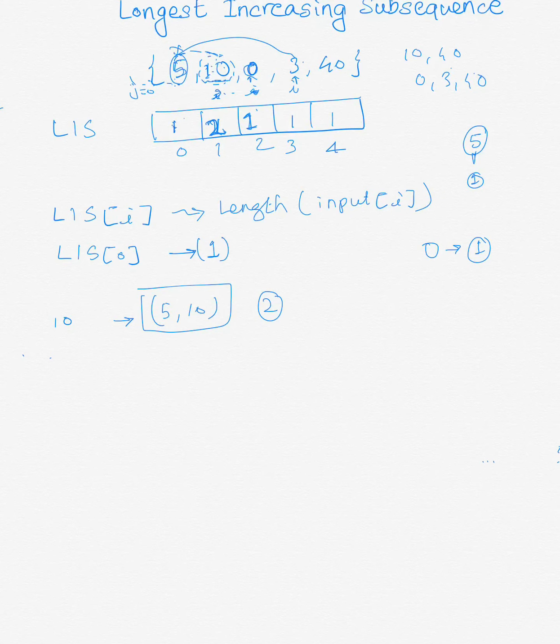Now in case of 0, we see that 0 can form a subsequence with 3, and what will be the length of that subsequence? It will be the length of the subsequence that ends with 0 plus 1, because we are adding 3 to it.